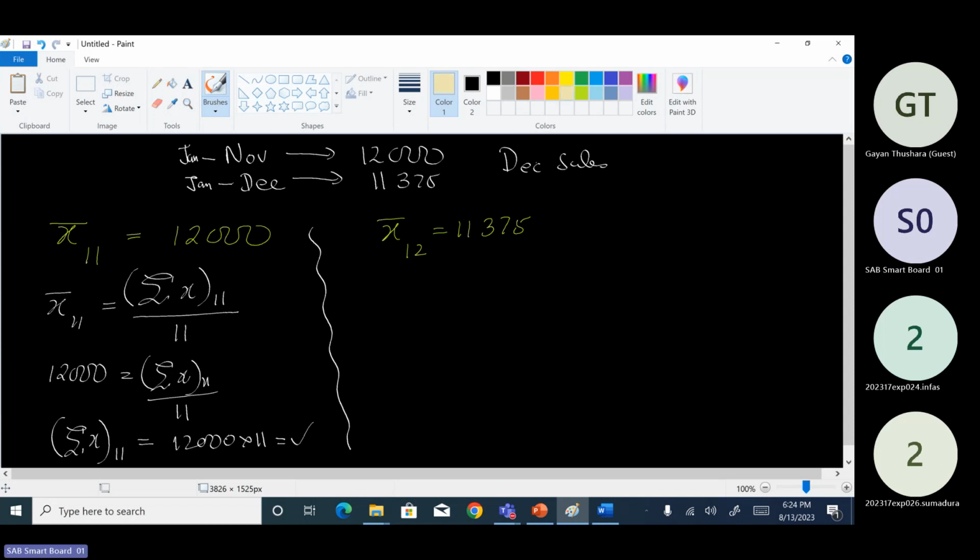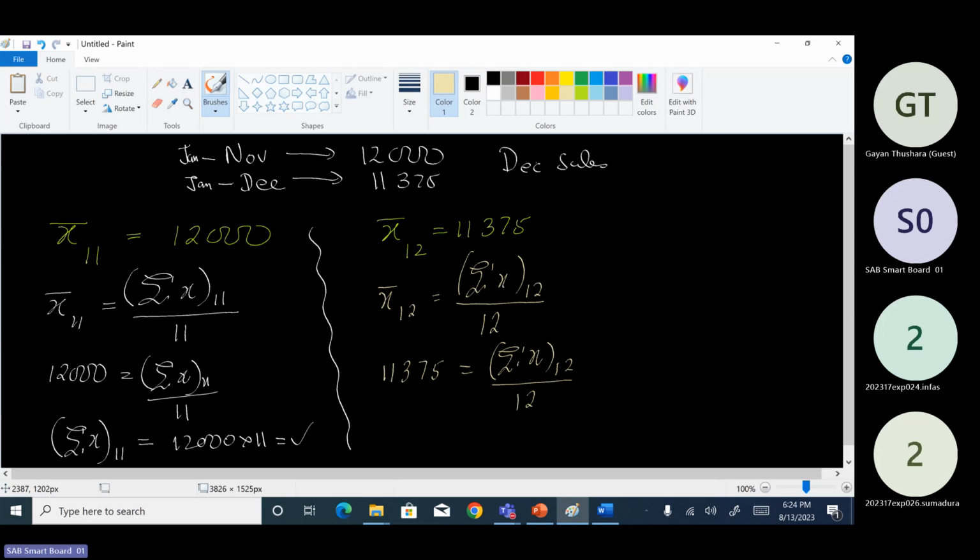Then how would they have calculated the entire year average? X bar 12, they would have calculated as sigma x 12, the entire 12-month total sales, divided by 12. So this X bar 12 is given as 11,375. So that is equivalent to sigma x 12 over 12.